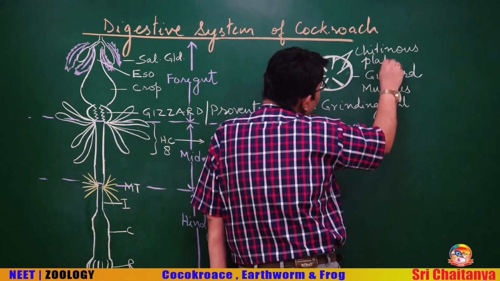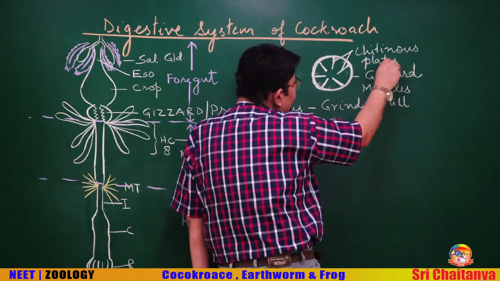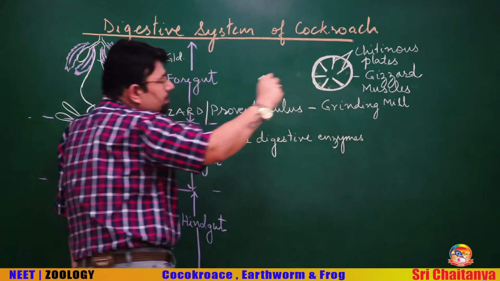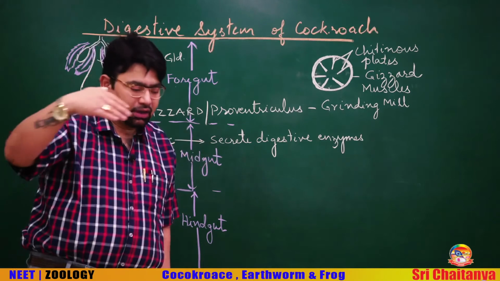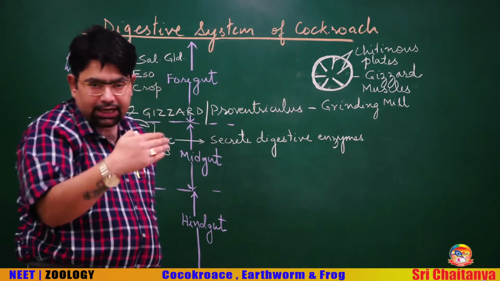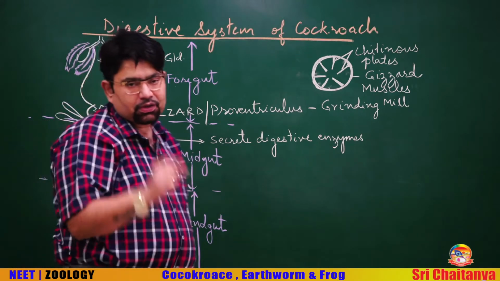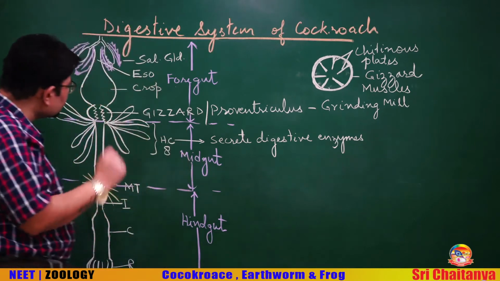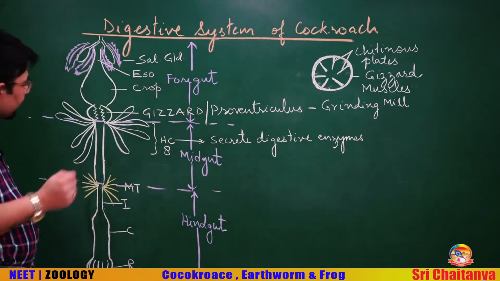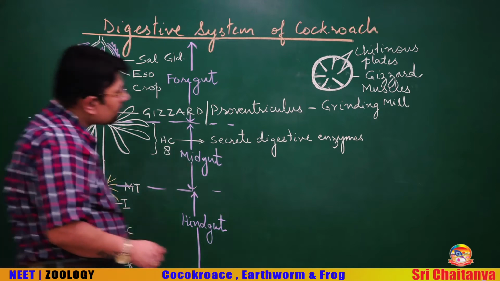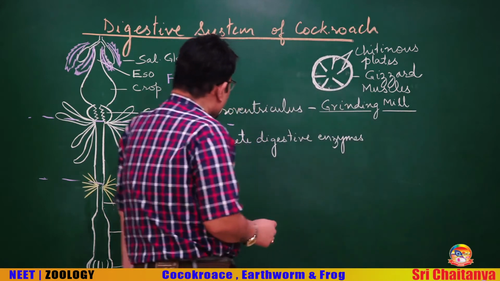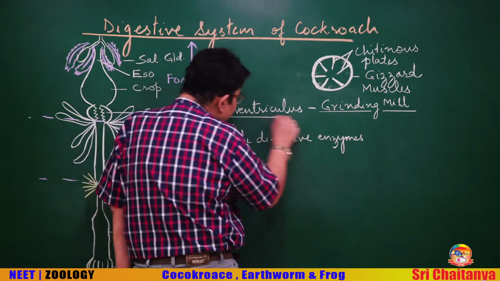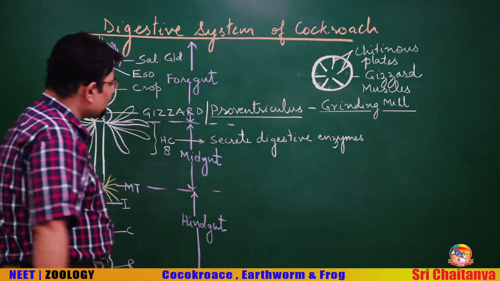By the movement of the muscles, these chitinous plates keep on crushing or grinding the food. So, the main function of the gizzard is to grind the food. Therefore, we can also call it a grinding mill. Another name of gizzard is proventriculus.